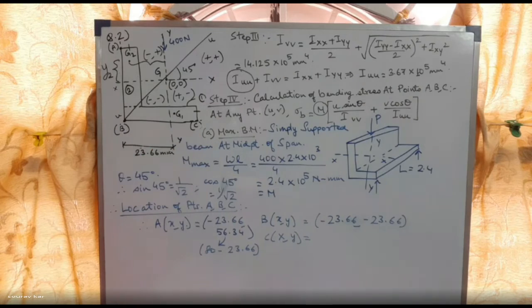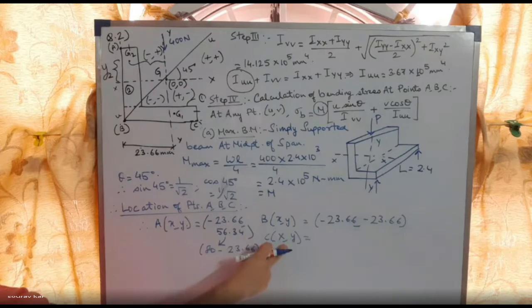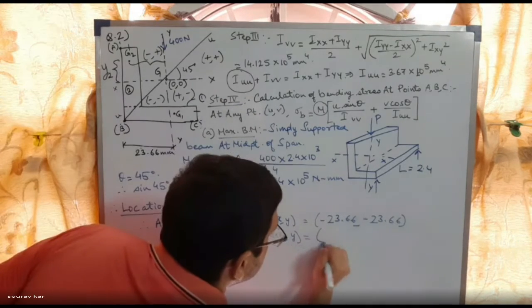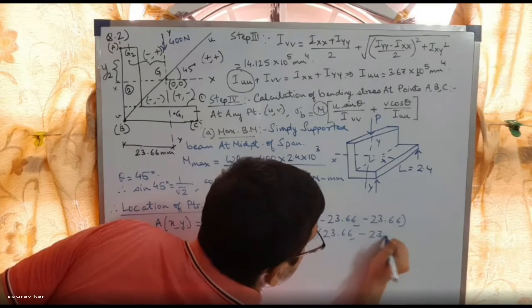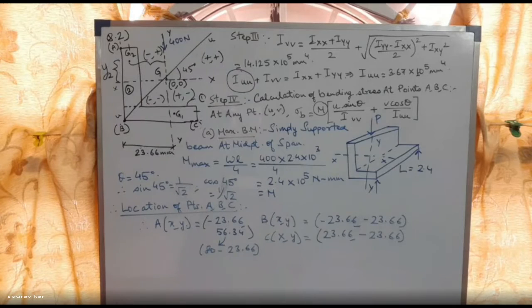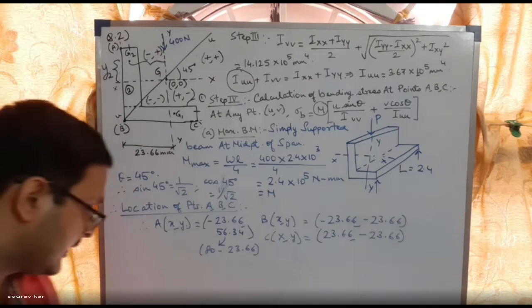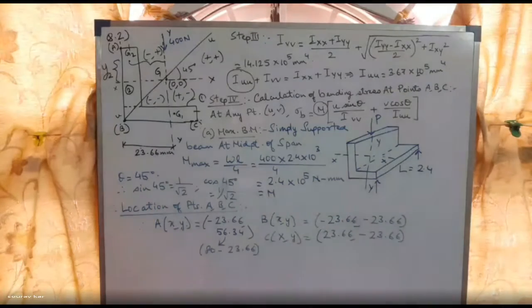Next point C. Fourth quadrant. C: X positive, Y negative. So 23.66 and minus 23.66. So I have got the X and Y coordinates.